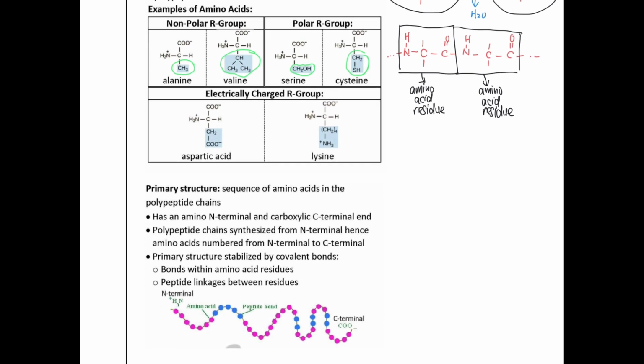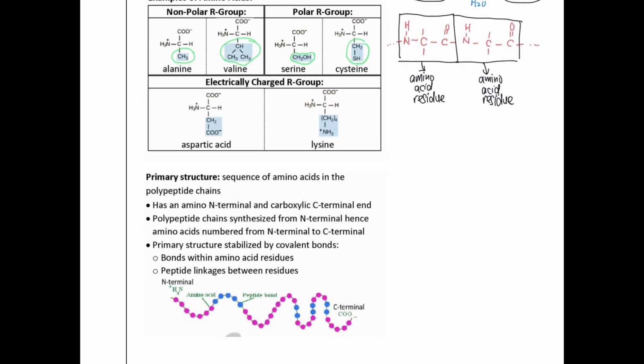Primary structure: the sequence of amino acids in the polypeptide chain. So what is that? First you have to know these are the names of the amino acids. There are quite many amino acids, and they join up in different orders.